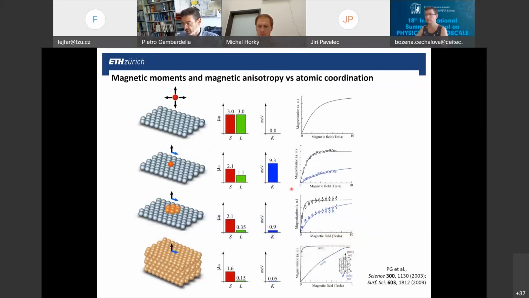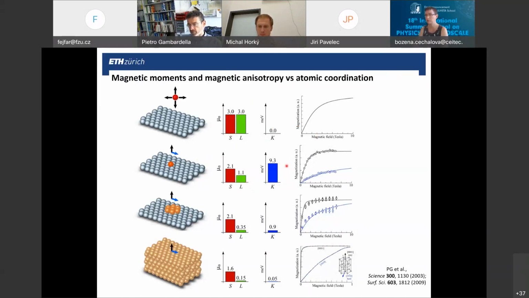Okay. This can actually be measured. These are schematics of measurements that we performed on cobalt atoms deposited on a platinum 111 surface. And we see that, compared to the gas phase behavior here, where we expect large spin and orbital moments, we measure a reduction of both the spin and orbital magnetic moments.